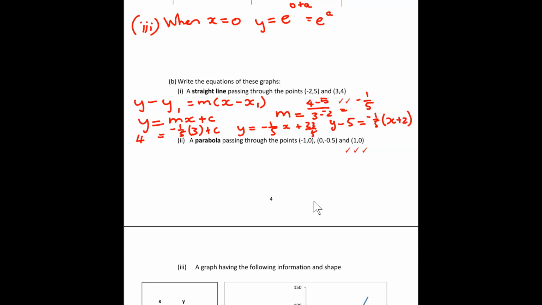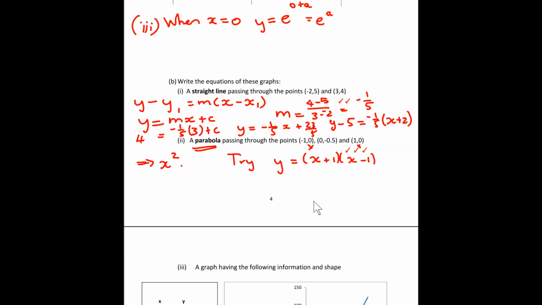Now, to find the parabola, first up, parabola implies x squared. Several of you gave me lines that had no x squared in it. You must have an x squared in it. So try, first up, y equals, just using the intercepts that you've been given, which would mean x plus 1 times x minus 1.